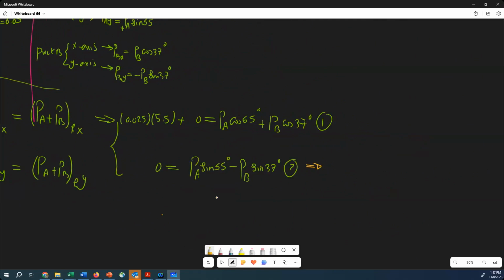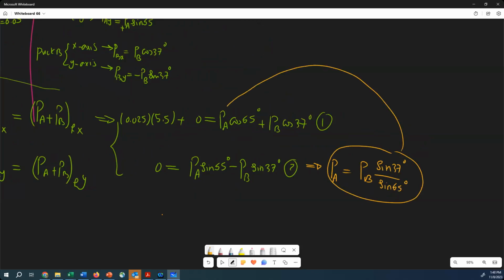So what do I do from here? Let me write with a different color. I can just find PA from here, yes? It's going to be PB sine 37 divided by sine 65. Good? And then just plug this into this equation. What I do, I write it down here: 0.025 times 5.5 equals, what is PA?